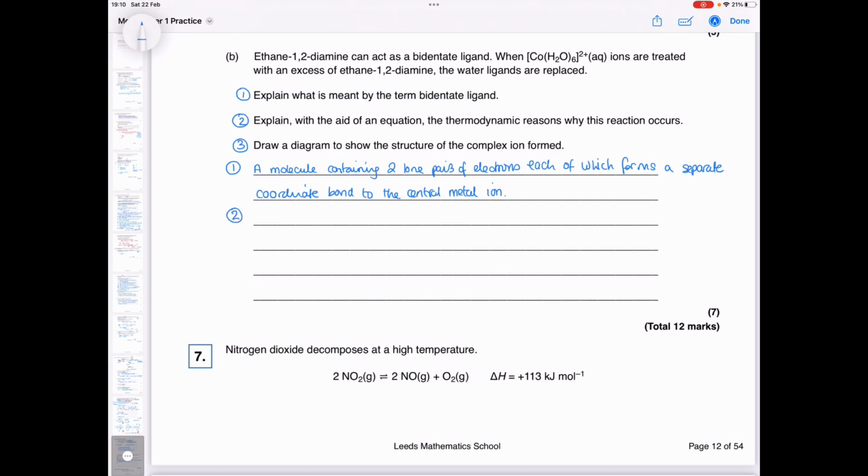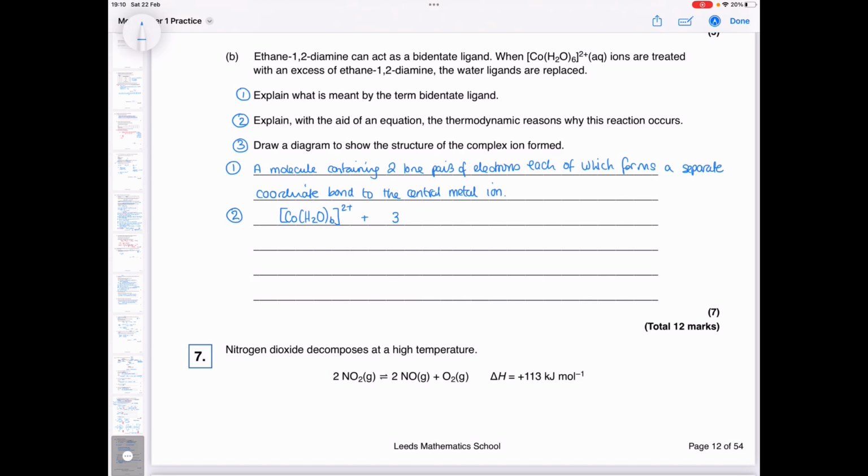Number 2, explain with the aid of an equation the thermodynamic reasons why this reaction occurs. So this is to do with entropy. So what we're going to do is liberate water molecules and replace them with bidentate ligands. So overall entropy is going to increase. So we've got Co(H2O)6 2+. Each of these is going to be a bidentate ligand, so 2 lone pairs. So we're going to need 3 of them to fill the coordination sphere of that cobalt.